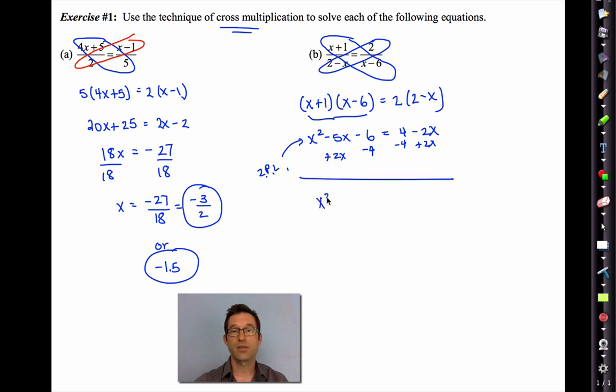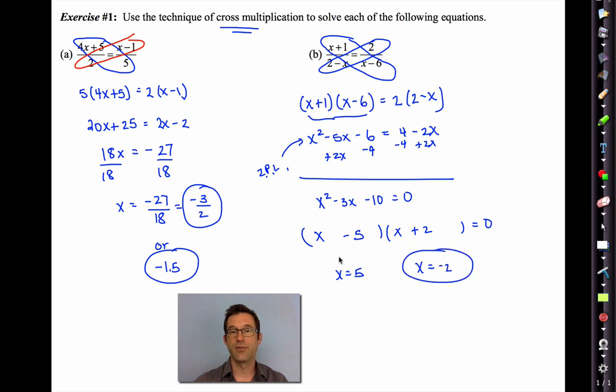And I'll get x squared minus 3x minus 10 equals 0. Do a little factoring. Minus 5 plus 2. x equals 5. x equals negative 2. There we go.